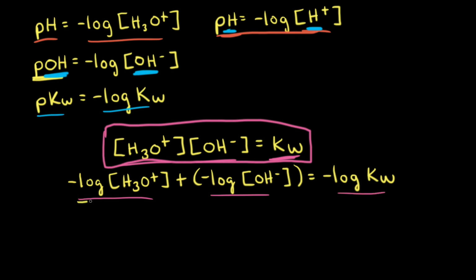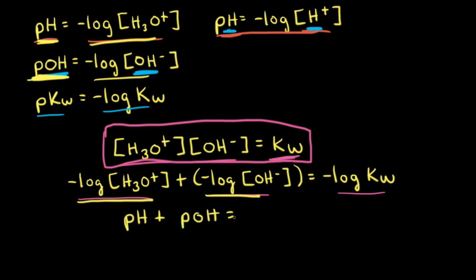The negative log of the concentration of H3O+ is just equal to the pH, so we can write the pH down here, plus the negative log of the concentration of hydroxide ions, that's equal to the pOH. So we have pH plus pOH is equal to the negative log of Kw, which is equal to pKw.